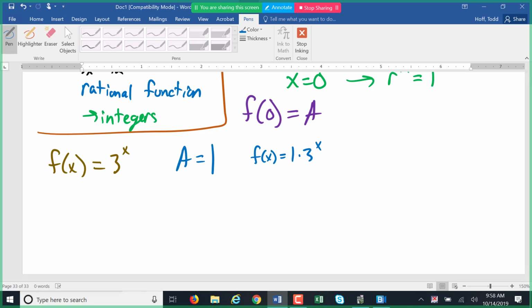And then, of course, the r value, sorry, 3, it's 3 to the power of x.